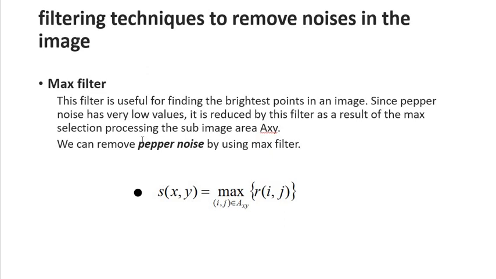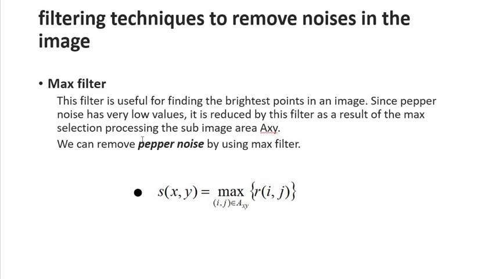First, we can use the max filter, which recognizes the pepper values, the black values, which have very low values, and then removes the highest values.